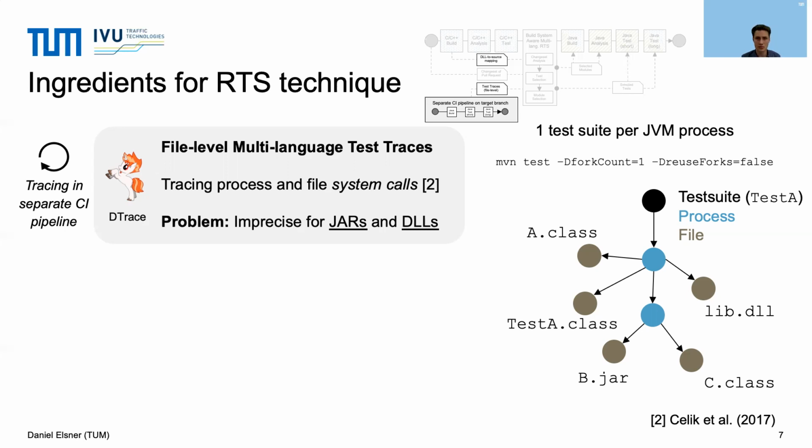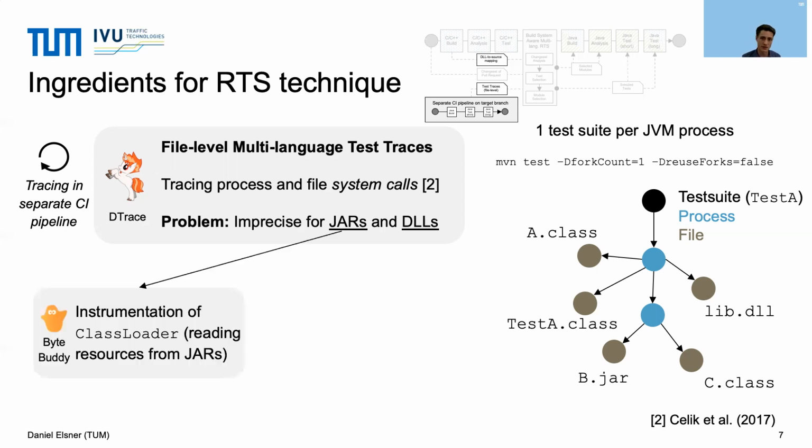Now, there are 2 problems with this approach for tracing the system calls related to files. The first one is, you can see it here on the right side, what if a jar is accessed? There might be several files packaged inside that jar, but we will only see a single file access issued to the operating system.